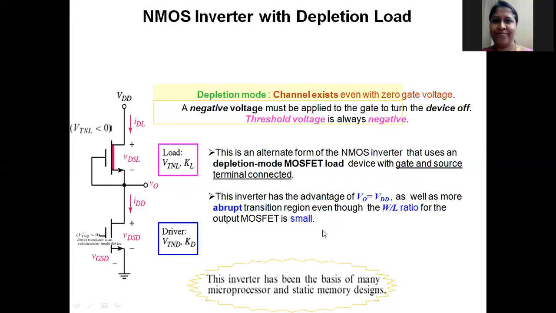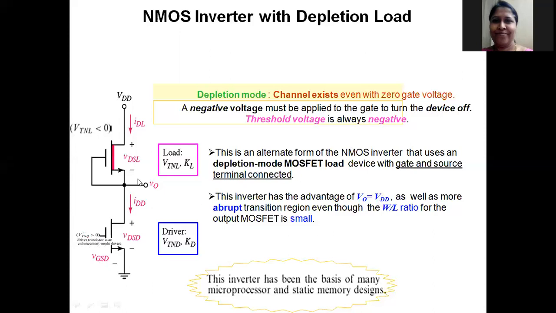Now this works just like a load. If VGS is equal to 0, there is already a channel established, so this works just like a load. We'll see how this gives V naught equal to VDD for an input smaller than the threshold voltage of the N MOSFET, and how V naught will be a low voltage when input is high.